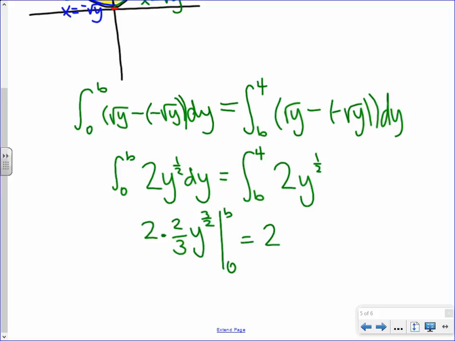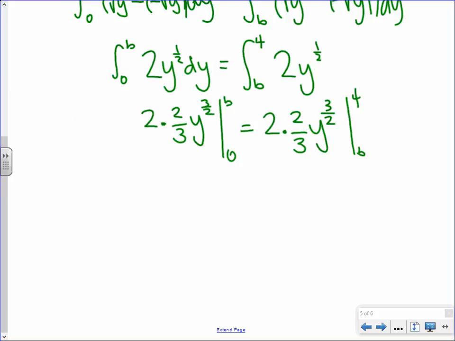And same thing here, 2 times y to the 3/2 times 2/3, evaluated from b to 4. So we can simplify each side to 4/3 b to the 3/2.